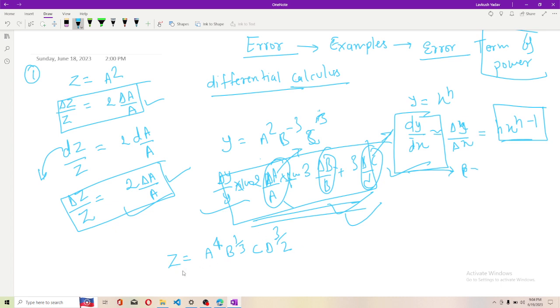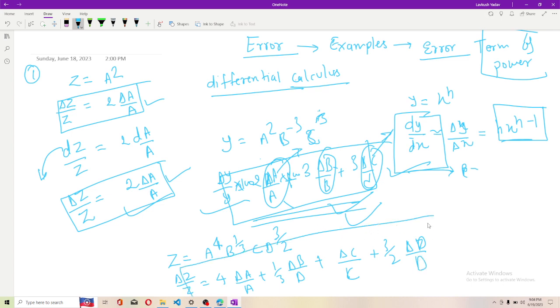Now what is going to happen? Delta z by z is equal to 4 delta a upon a plus 1 by 3 delta b by b plus delta c upon c, because there is no power on it, plus 3 by 2 delta d by d. So this is the way you can solve it.